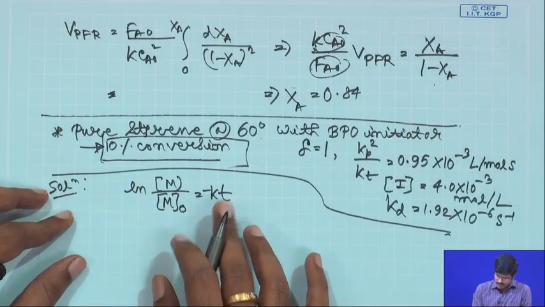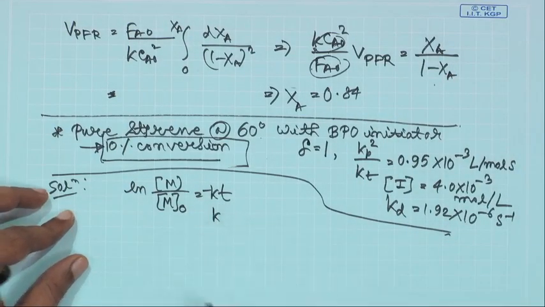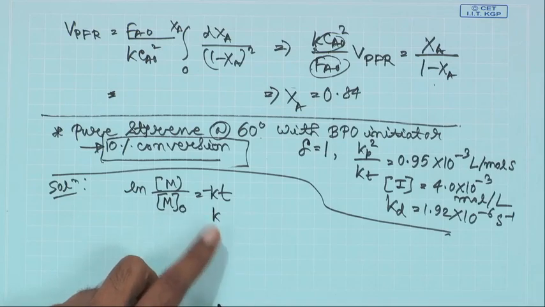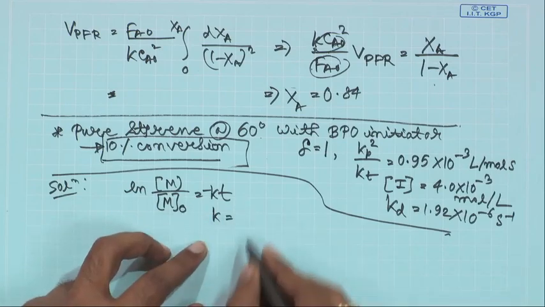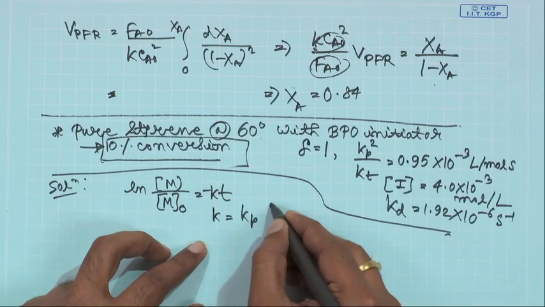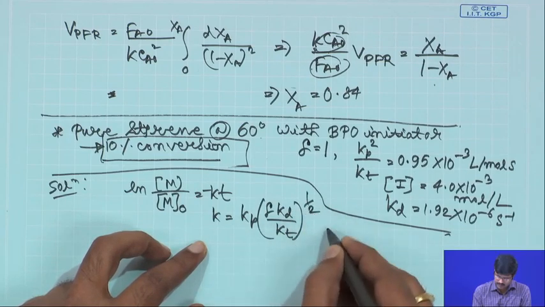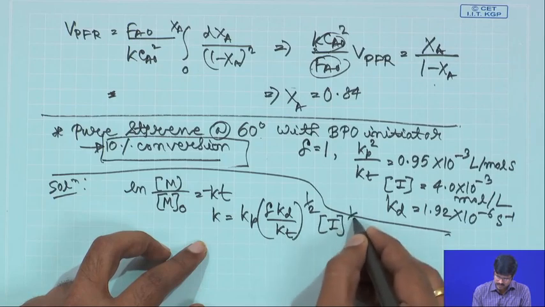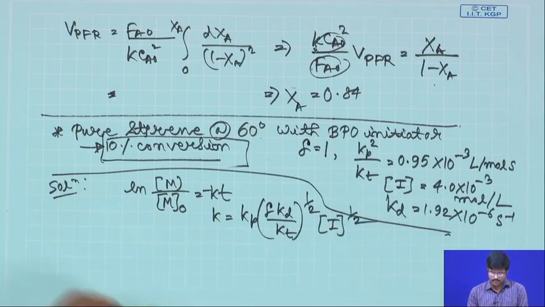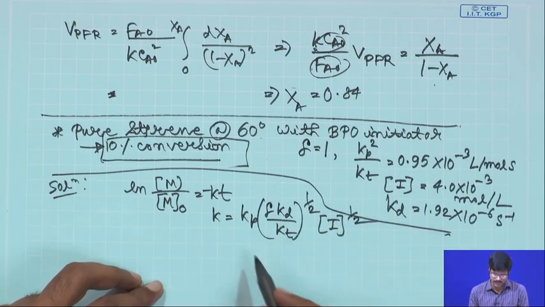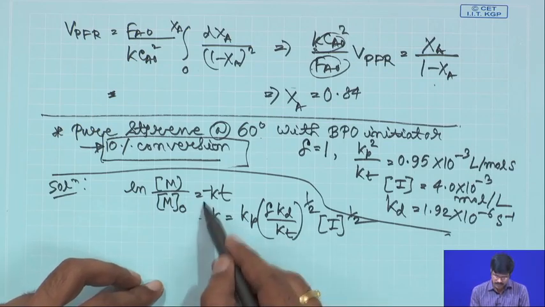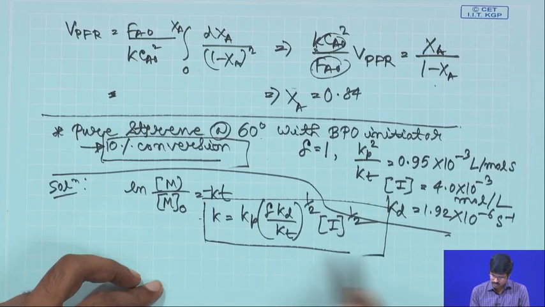Now, this k is basically equal to Kp into f Kd divided by Kt, to the power half, into I to the power half. If you recall the expressions of the rate that we had, then this is the value of k.